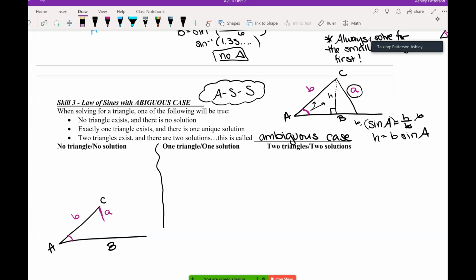Yeah? Okay. So, if there's no triangle, a couple of things have happened. First, the given angle. Notice I'm saying the given angle, not just the measure of angle A. The given angle is less than 90 degrees, so it has to be acute. And it follows suit that the corresponding side is less than the non-corresponding side.